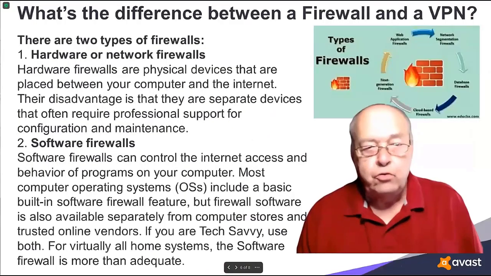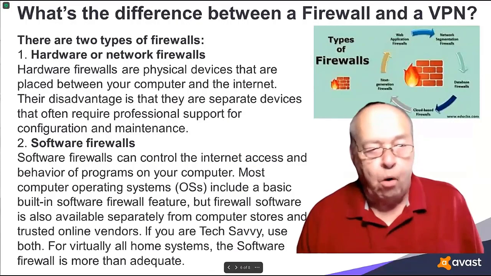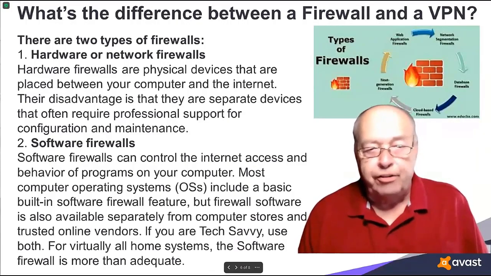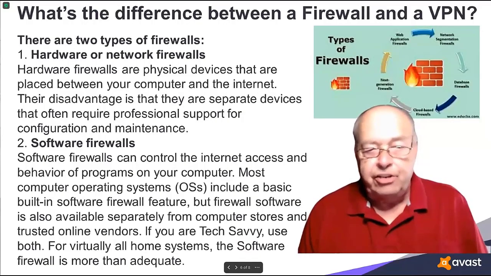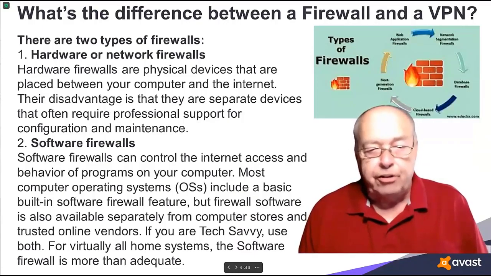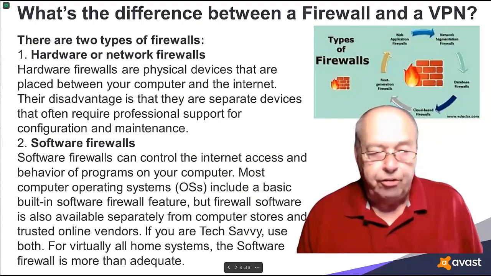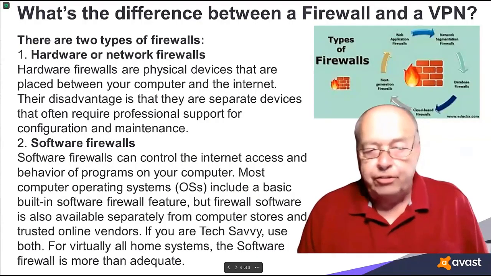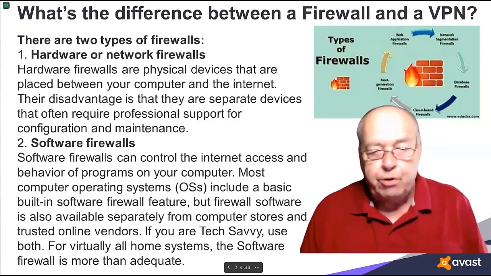There are actually two types of firewalls: hardware or network firewalls, and software firewalls. Hardware firewalls are physical devices that are placed between your computer and the internet. Their disadvantage is that they are separate devices that often require professional support for configuration and maintenance. Software firewalls can control the internet access and behavior of programs on your computer.